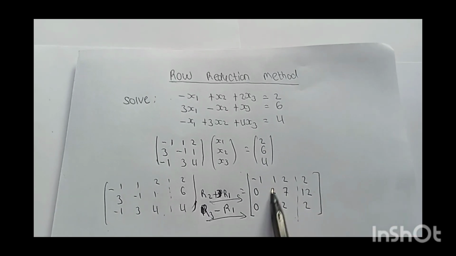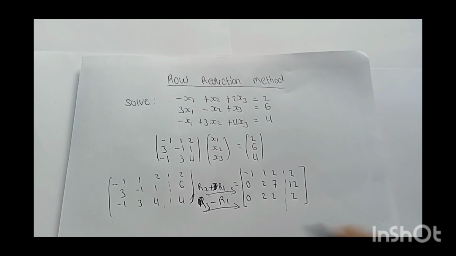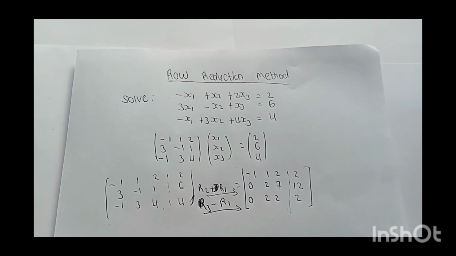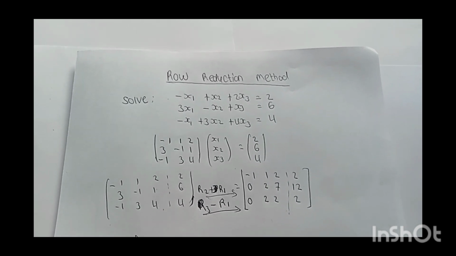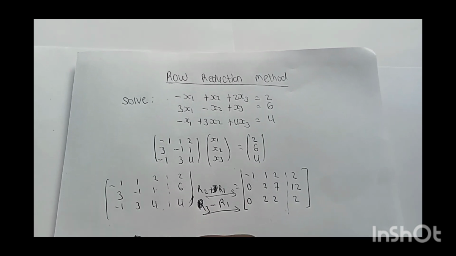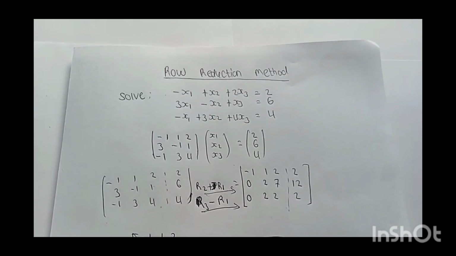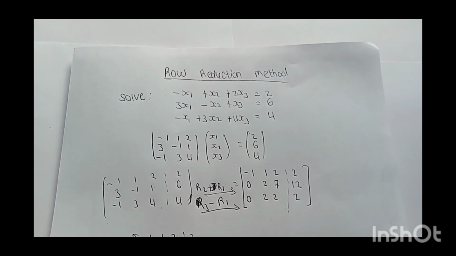So we have got here 0, so we need to make this one equal to 0. So we will say our new row 3 will be row 3 minus row 2, such that row 1 will remain the same, -1, 1, 2, 2, and row 2 is 0, 2, 7, 12.